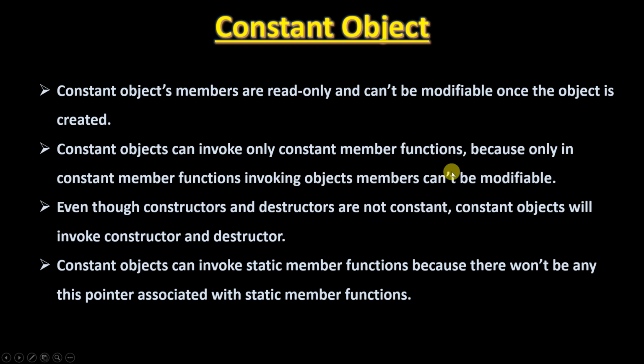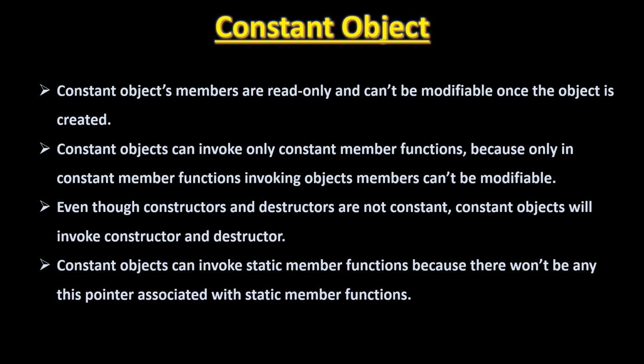But what about normal, non-constant member functions? In a non-constant member function you can easily modify the invoking object's data members, because there the this pointer is not a constant pointer. It is not pointing to a constant object. Whereas in a constant member function, the this pointer is pointing to a constant object.